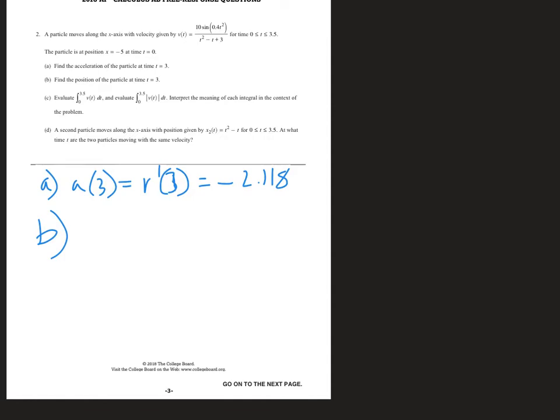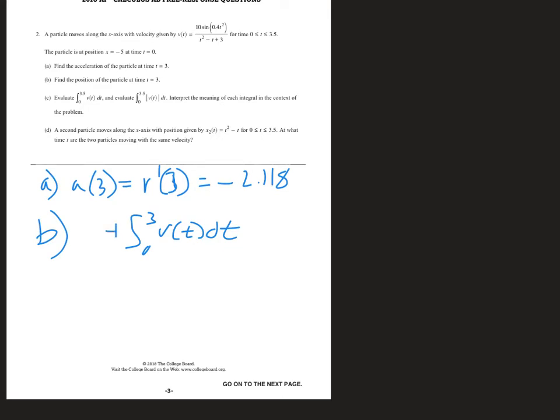If all I do is take the definite integral from 0 to 3 of v of t, all I'm going to get is the displacement from 0 to 3. How far have we gone in that time interval? So to figure out the actual position where you actually are, we have to add, well, where did you start?